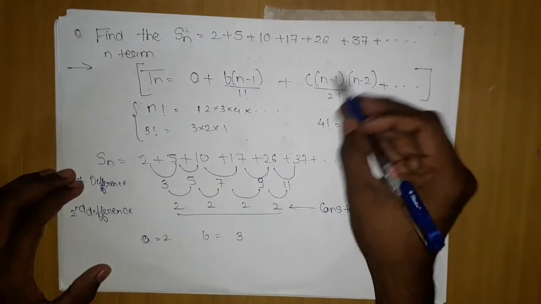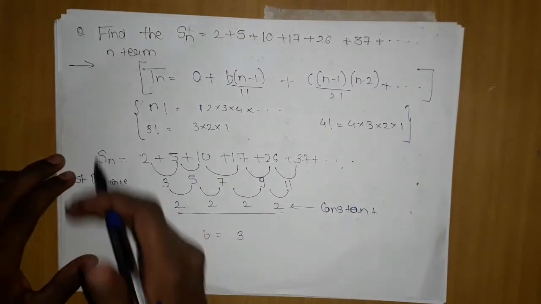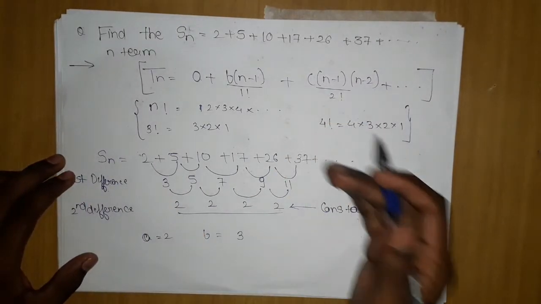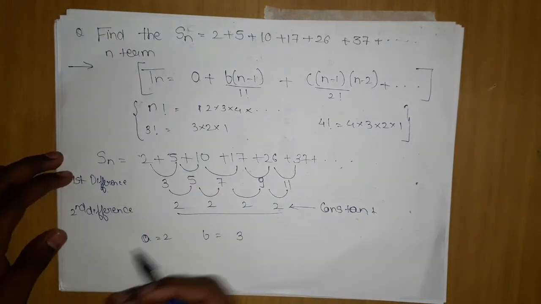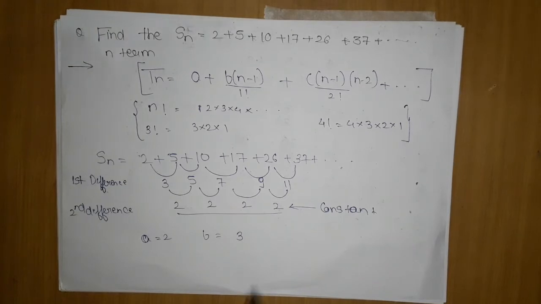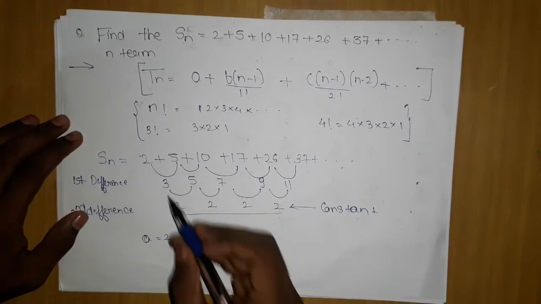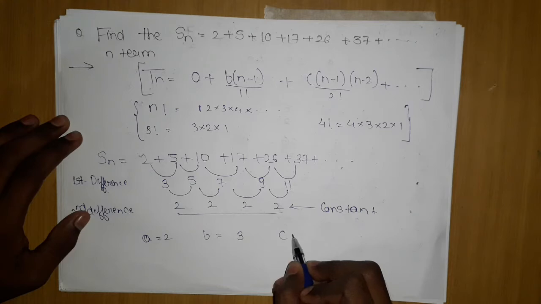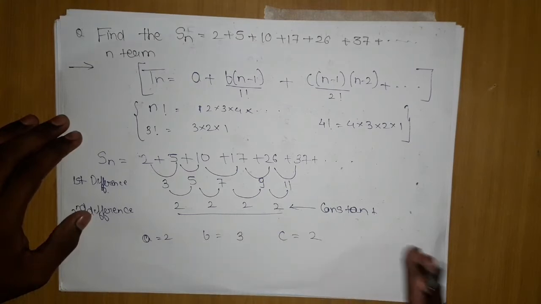A, B and C all will be involved if there are two differences, and if there are three differences then D will also come into the picture. We will see that advanced problem in the next question. For now just focus: A is 2, B is 3, and C is 2.